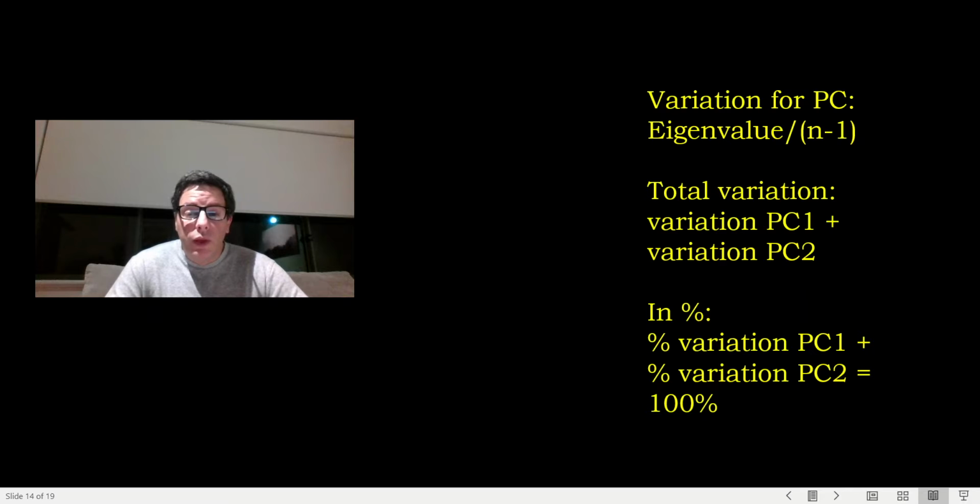So when we keep, let's say, 4 components out of 10 variables, those components will not explain the whole variability of the data. They will explain a huge percentage of the variability of the data.